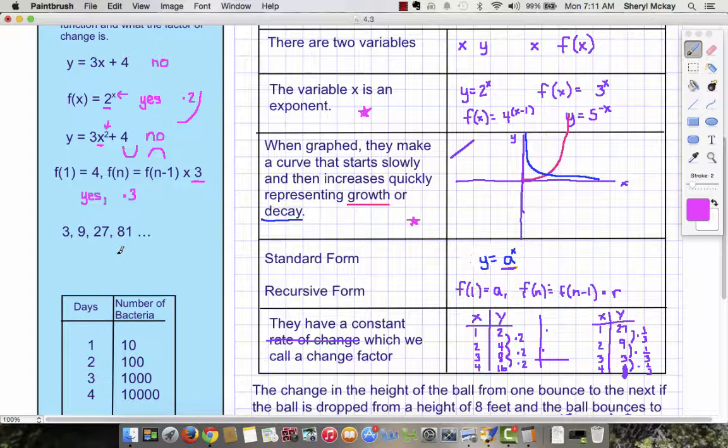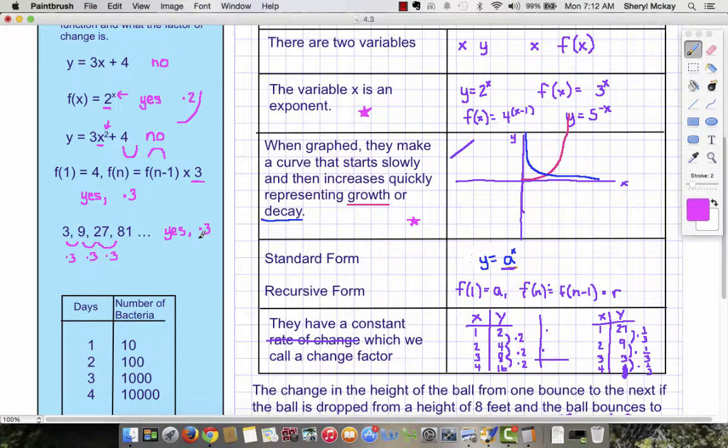So tell me what it is. So you should have noticed that each time you multiplied by 3, which means this is a geometric sequence, and therefore it is an exponential function, and the change factor is times 3. Okay?